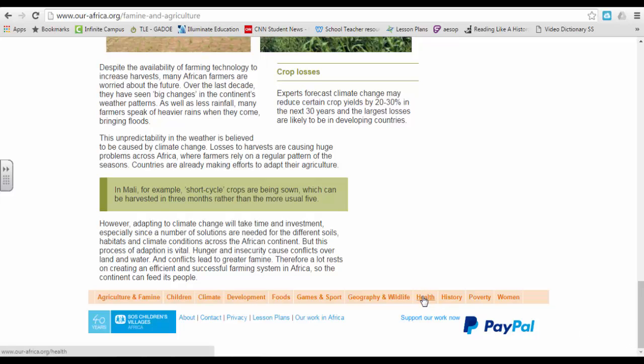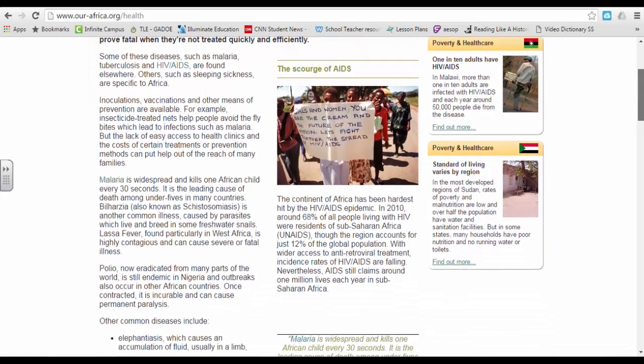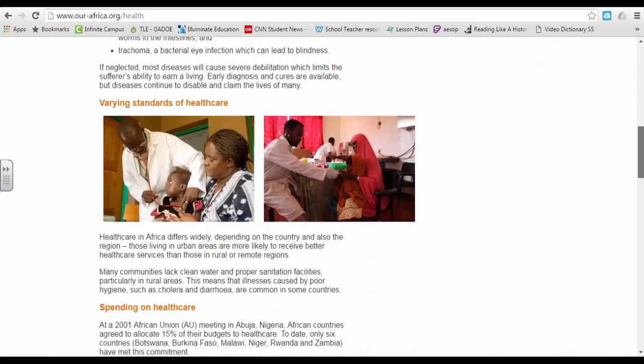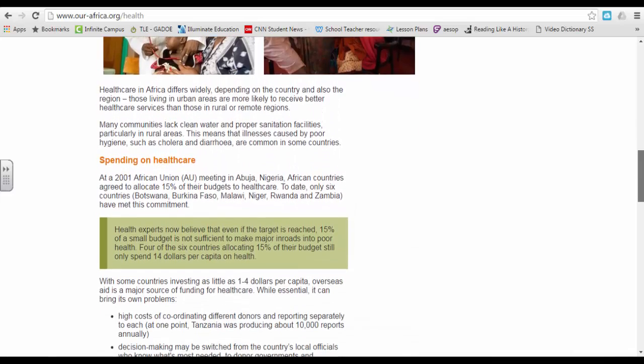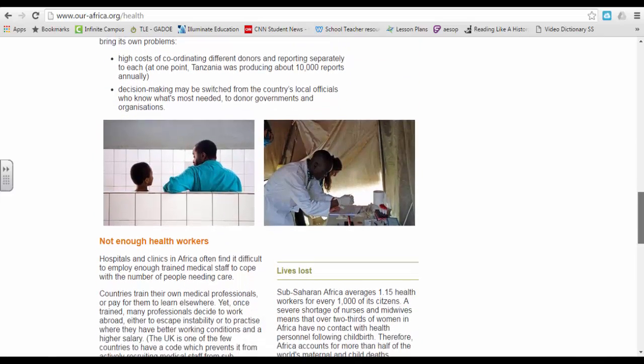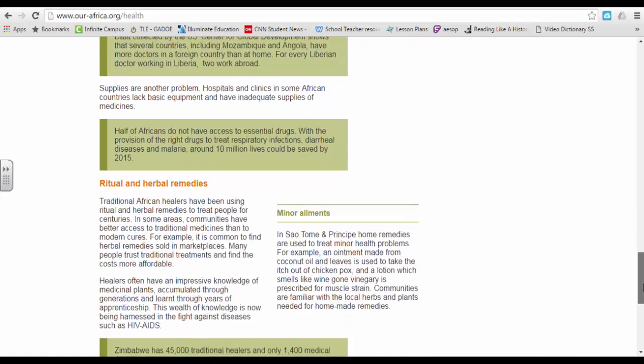Let's choose health. Here there is information about different health issues facing Africa, including HIV/AIDS, malaria, and polio. Then there is a focus on issues related to health care, such as different care depending on where you live, the money that is spent on health care, and the lack of health care workers.